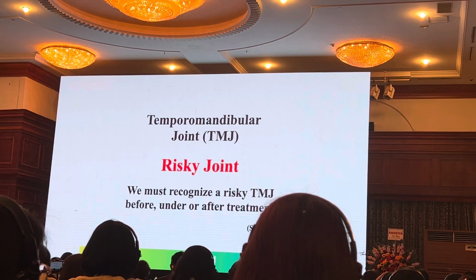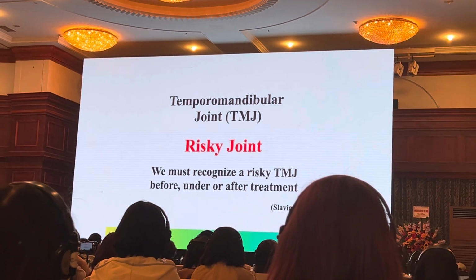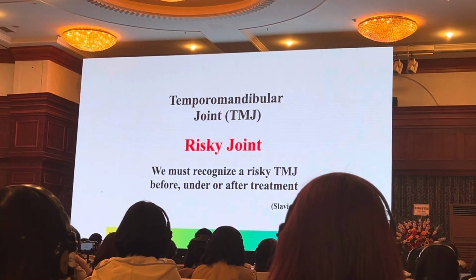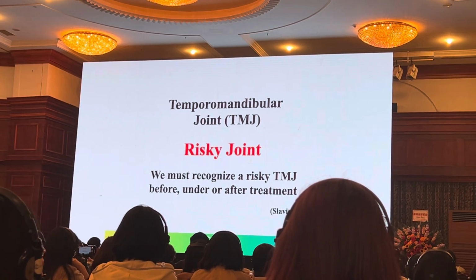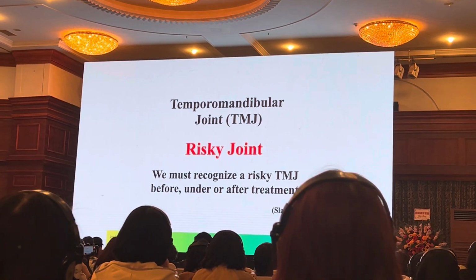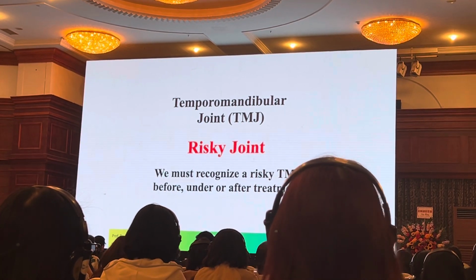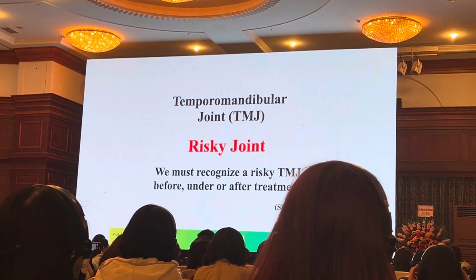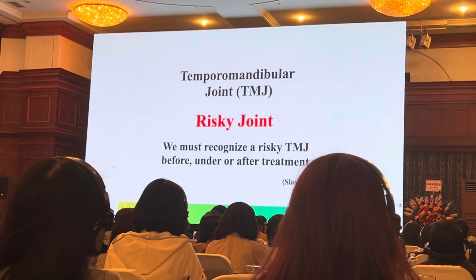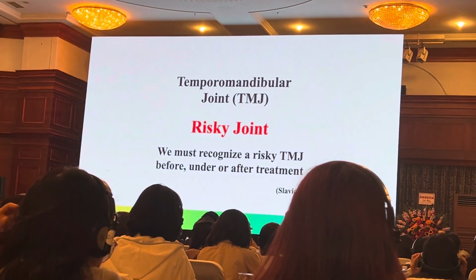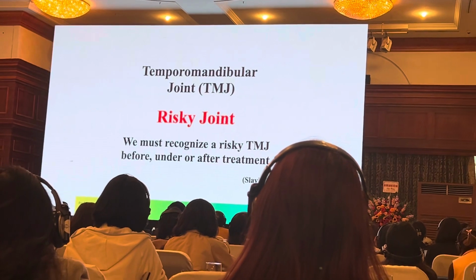And connected to the TMD cases in the office, the quantity of class 2 cases has also surged a lot. I didn't have this many class 2 cases in the past. Certainly I had more class 1s 20 years ago. Now I have a lot of class 2s in my office. You need to make this connection. Class 2 cases and TMD go together because the mandible tends to stay backward. If the mandible is backward in an adult patient, the risk for joint problems is much bigger. So have this in mind.